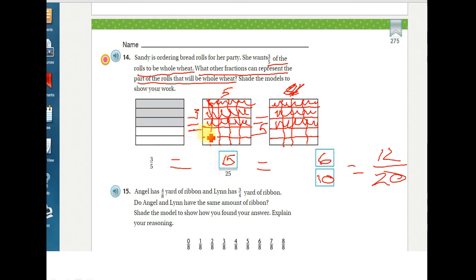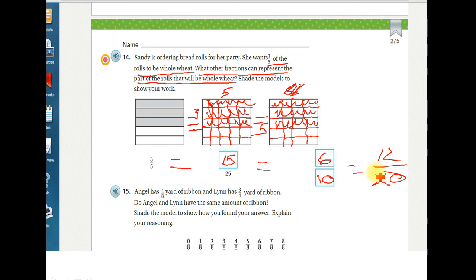Well, a 5 by 5 array would give you 25. And then the last one, that's even easier because you get to pick, okay? And I made it real easy on myself. I just drew a line right down the middle to get my 6/10, but I also showed you that I could have drawn 2 additional lines and got 12/20ths as well. Those are all equal to each other.